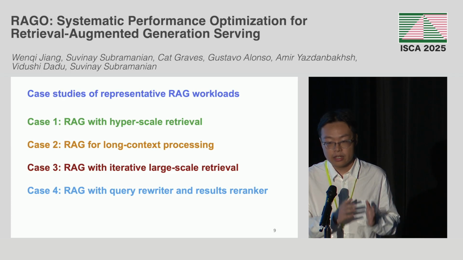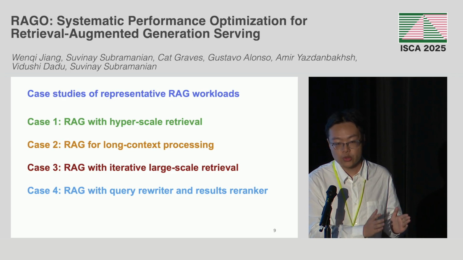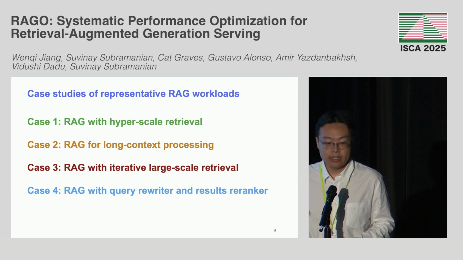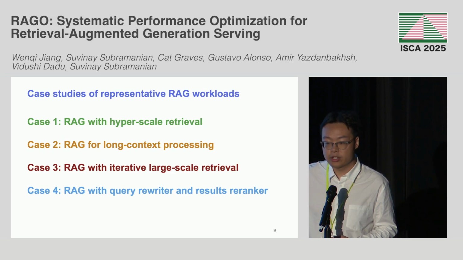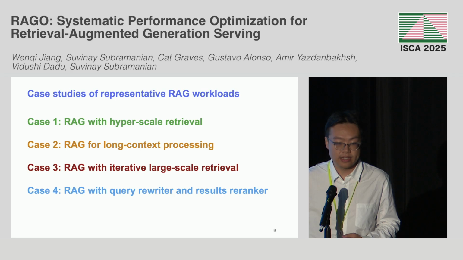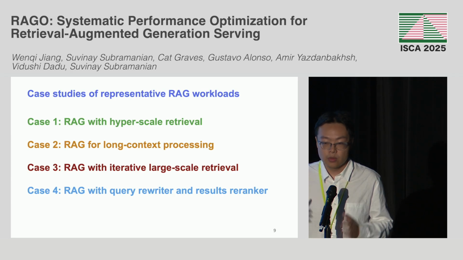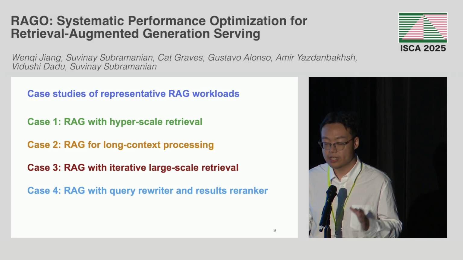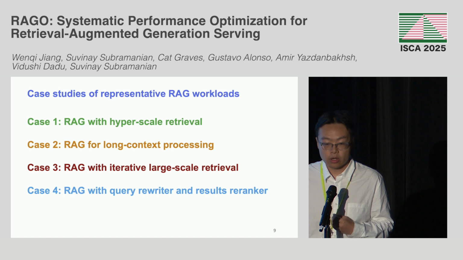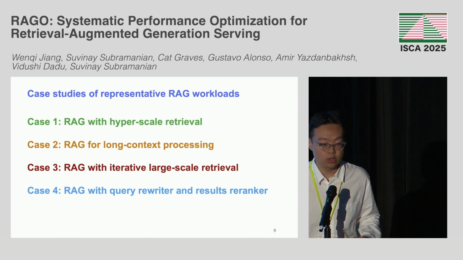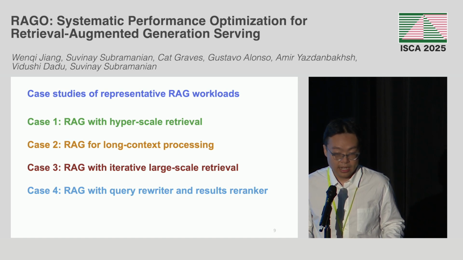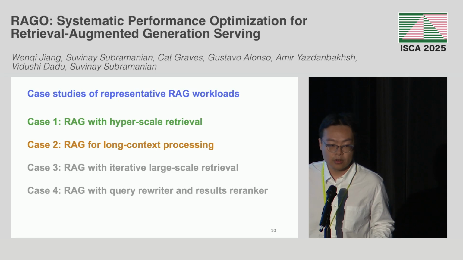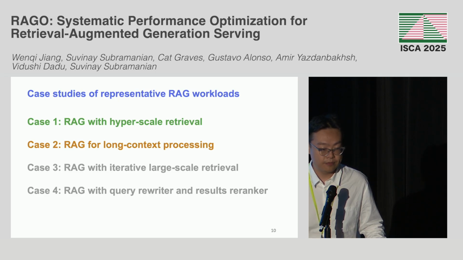In the third case, instead of initiating just one retrieval at the beginning, we study RAG with iterative retrieval, where the model itself can initiate iterative retrievals during the generation process. And in the fourth case study, we study RAG pipelines with additional models, including query rewriter and result re-ranker models. Today, for the sake of time, let's take a closer look at the first 2 cases.